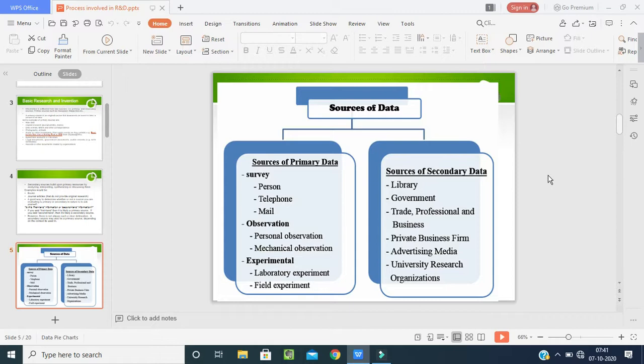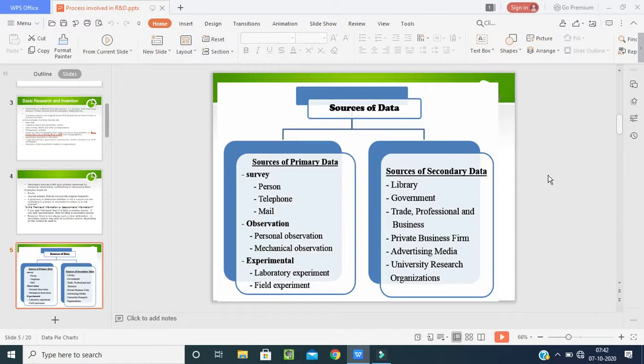Coming to the sources of secondary data: library, where recorded books will be there. The government, that means the government budget and what the government had five years back, all that data will be recorded and available in the shape of videos, audios or newspapers. Sometimes it talks about the records kept in files or filing.